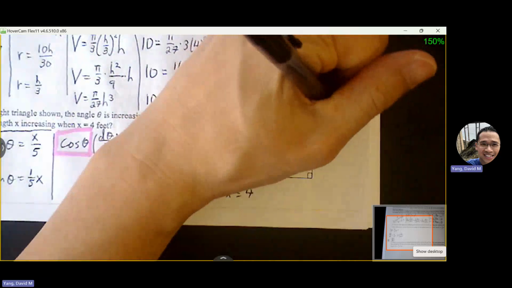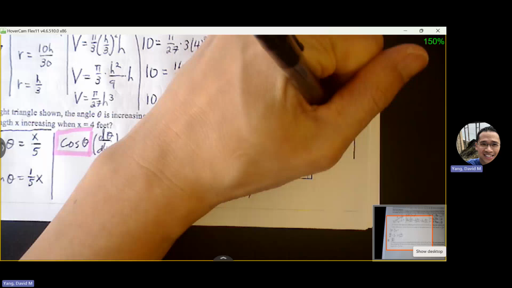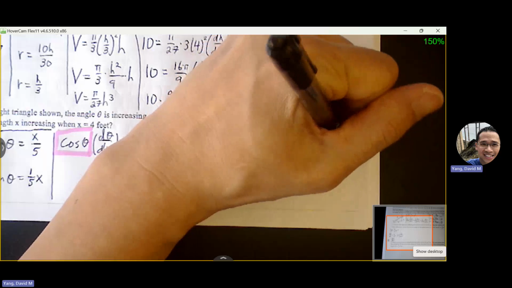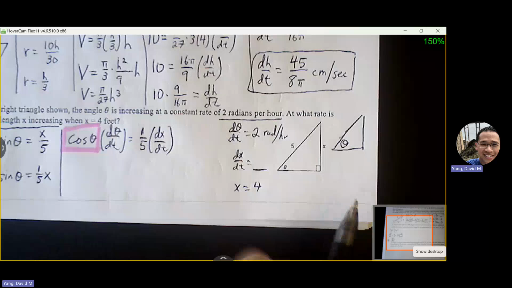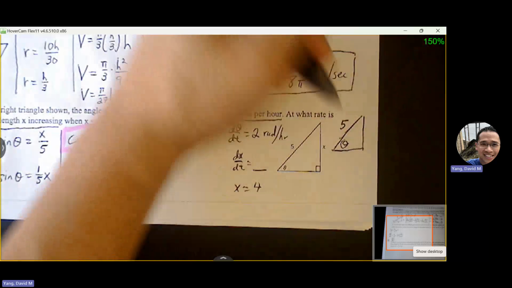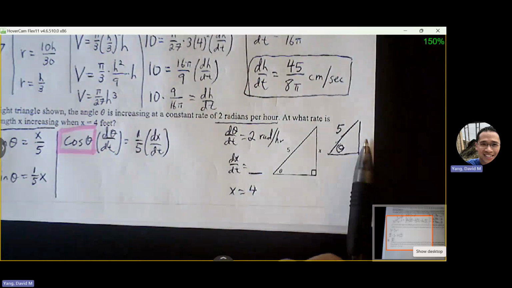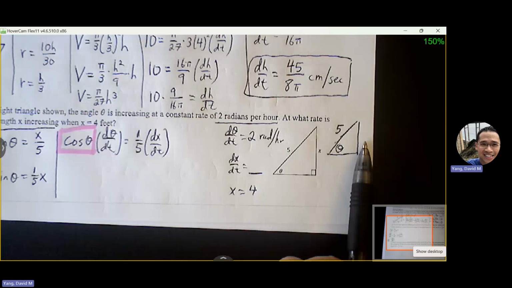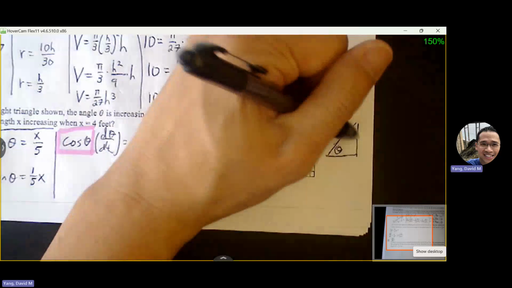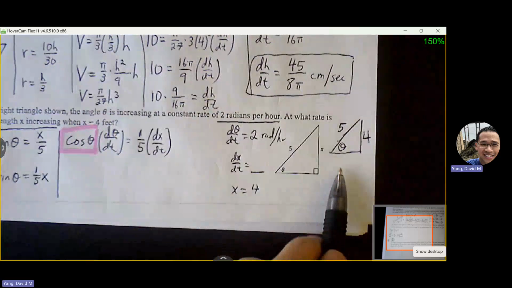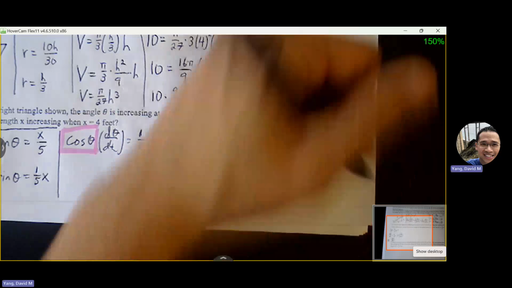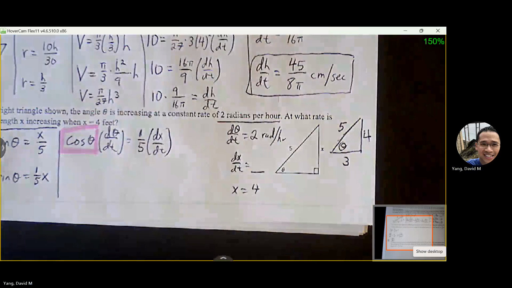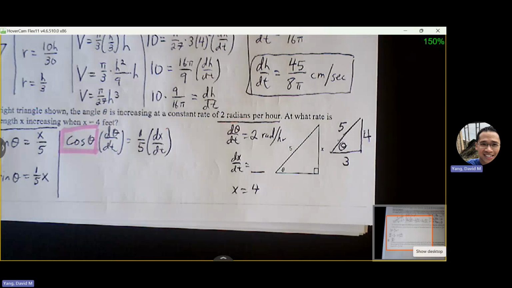So I'm going to draw a second triangle here and see if we can use our information to fill in this moment in time for this triangle. We know this is 5. What do you know about x at this moment in time? x is what? 4, which means that this last missing side must be what? 3.